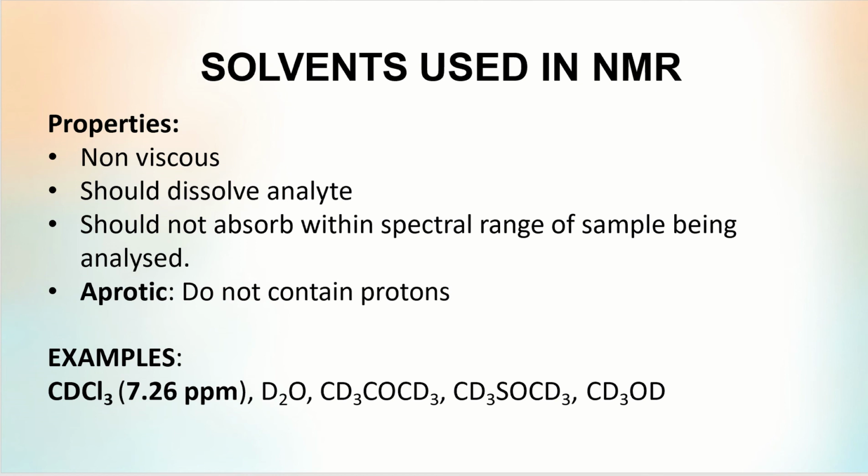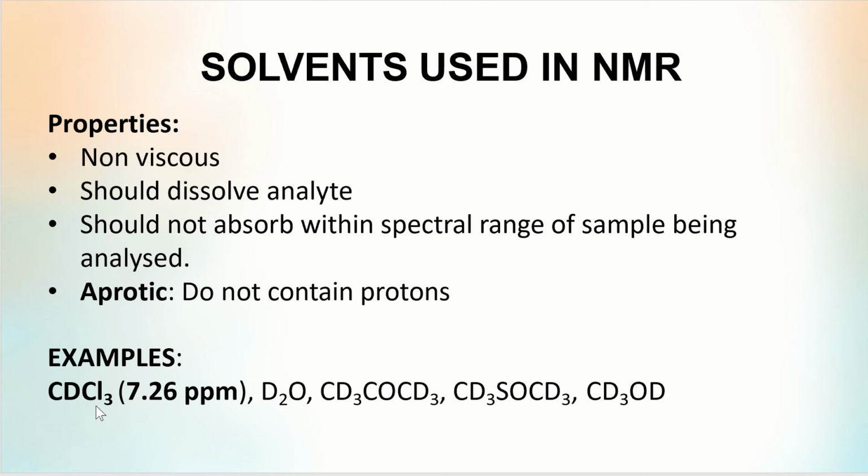And perhaps most importantly, they should be aprotic, that is, they do not contain protons, because the idea here is that you want to run a proton spectrum. So if you have a solvent that you use to dissolve your sample, you don't want to see any peaks associated with your solvent.